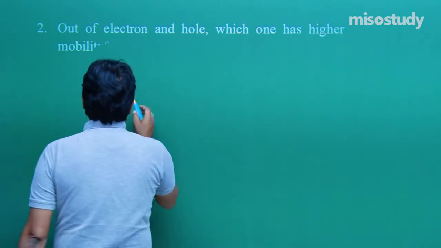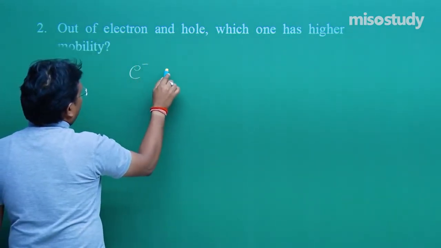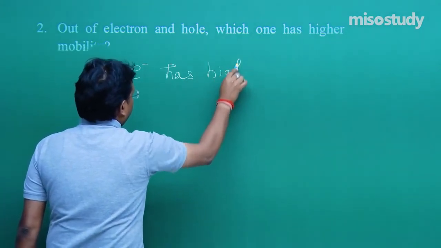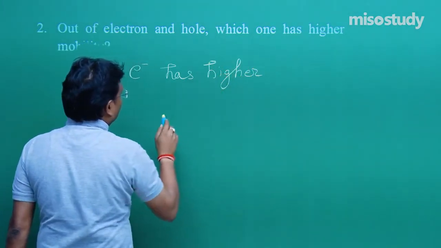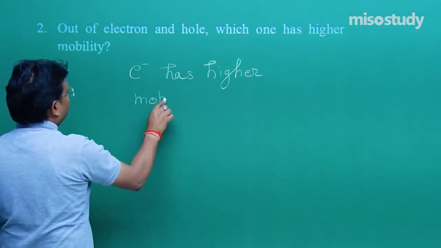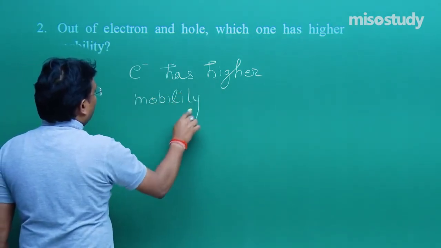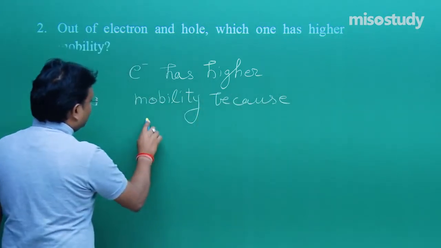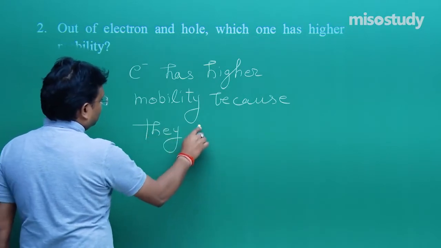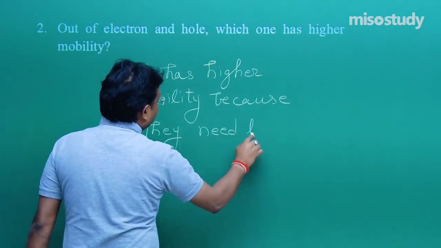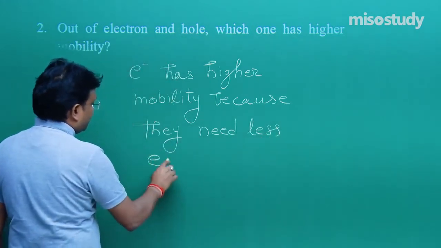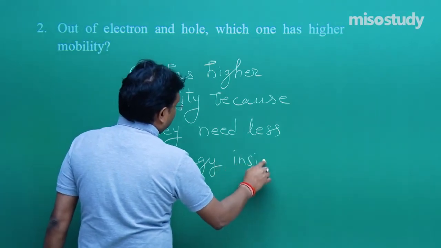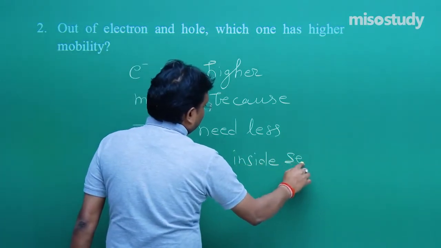So, electrons have higher mobility because they need less energy inside semiconductor.